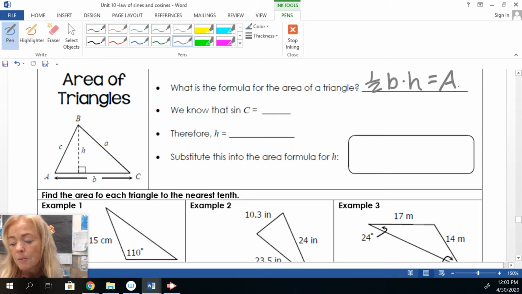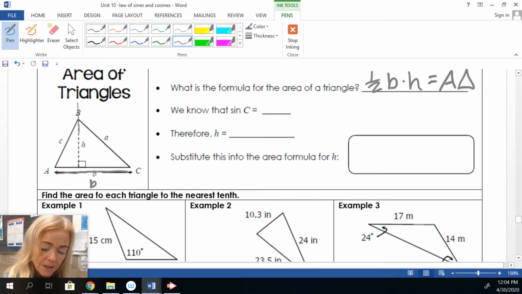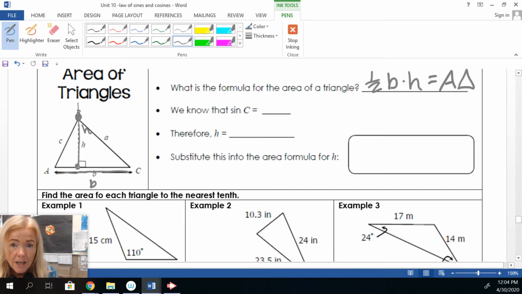To do that, we have to know this base here, and we've penciled in the height there, from there to there, meaning we don't really know what the height is. So if we don't know the height, then what can we do?